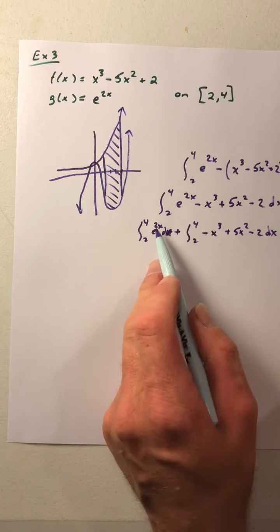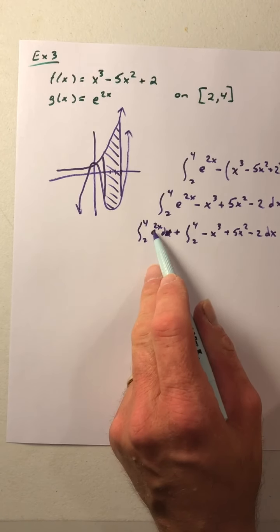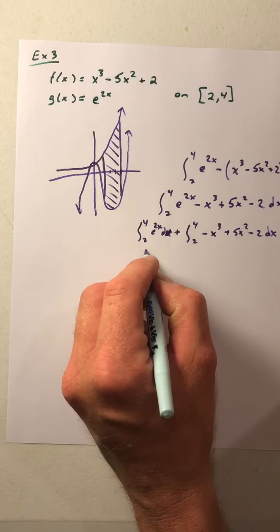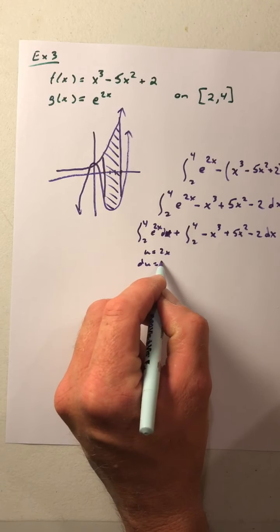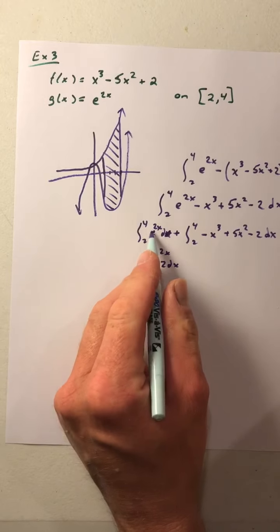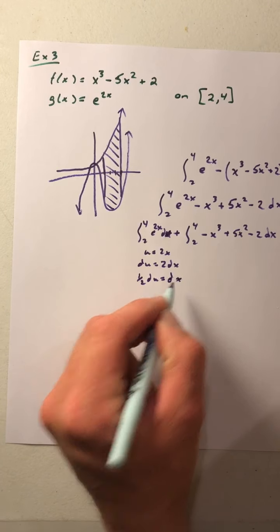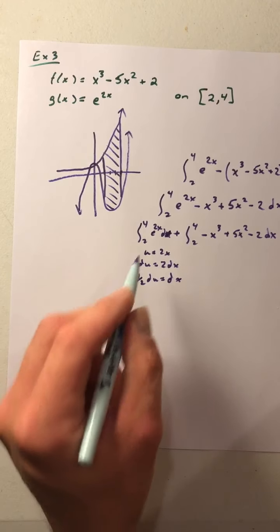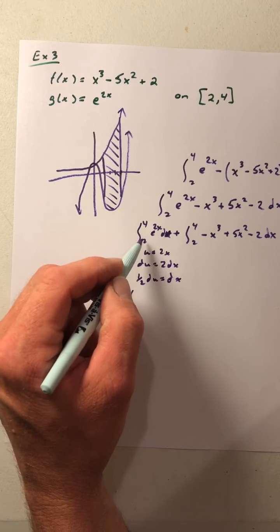So now I've got two different integrations I can work with. I know the integration of all these parts over here. E to the 2x, I need to do a little bit of work. I'm going to let u equal 2x. du equals 2 dx. Can't use the 2, so I have a half du equals dx. So my integration now becomes, since these were x's, I'm going to change the limits.